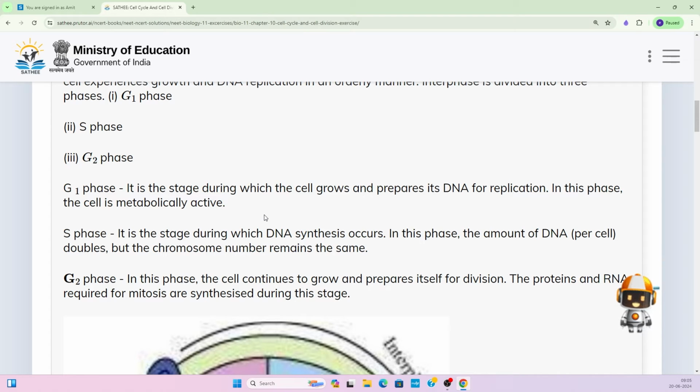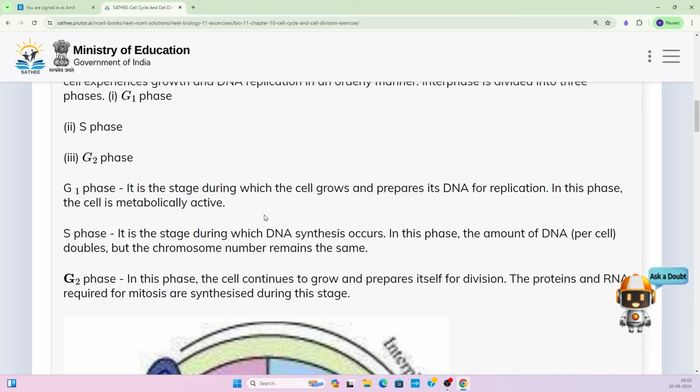When it is required, then only it gets synthesized, to conserve the energy. So what happens when the cell has to go for the replication in the S phase? In the G1 phase, the cell synthesizes all the enzymes, all the proteins that are required for the process of replication in the S phase.